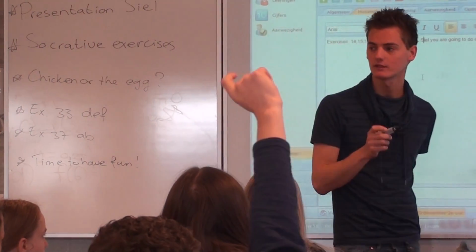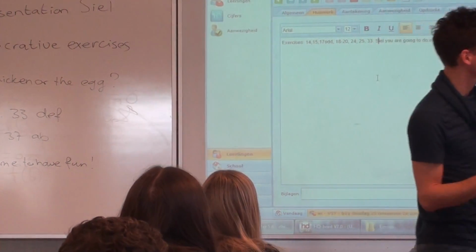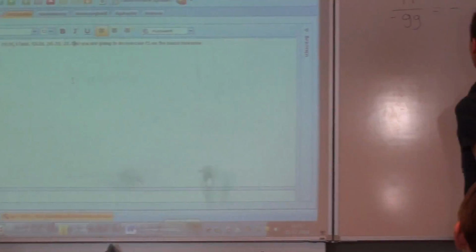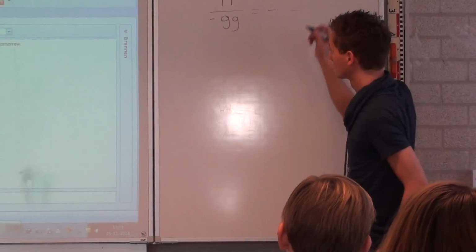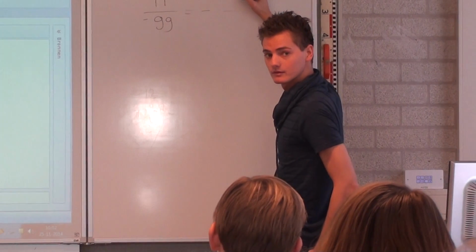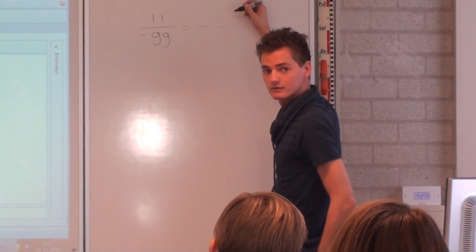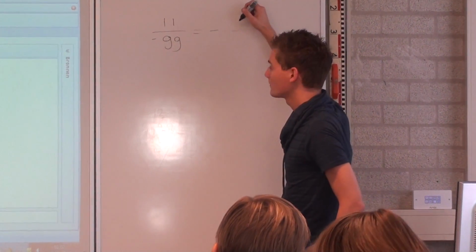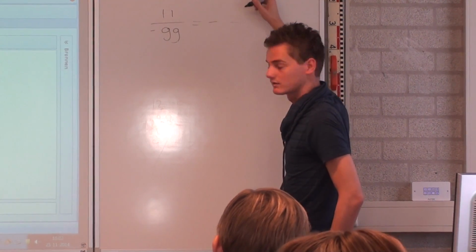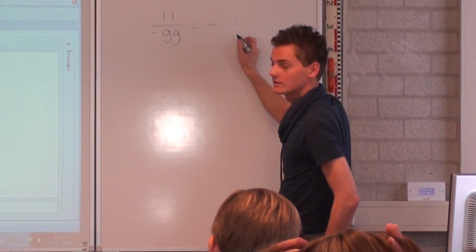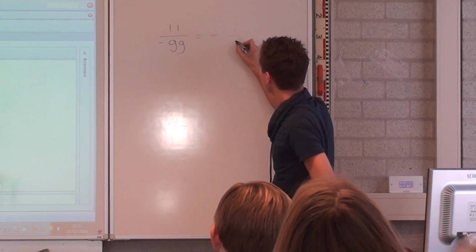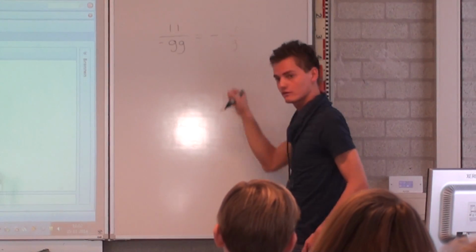Which number am I looking for, Nick? 11. So which fraction will I get? 11 divided by 11 and 99 divided by 11. How much is 11 divided by 11? 1. 99 divided by 11? 9. So I get negative 1 over 9.